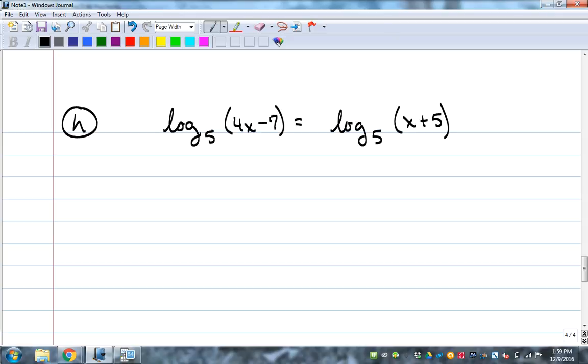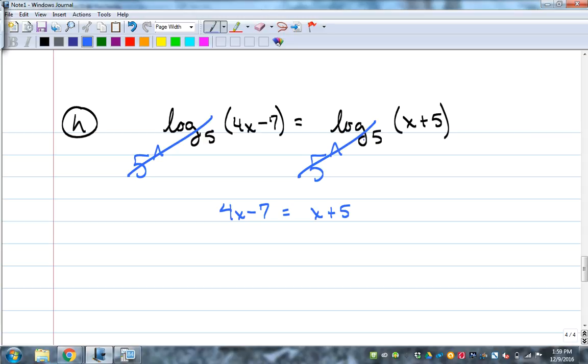What base are the logs? I'm going to use 5 as a base to get rid of that log. The way I write that is 5 with the little caret symbol, which tells me that 5 is the base. And this cancels each other out, and all you're left with is 4x minus 7 is equal to x plus 5.